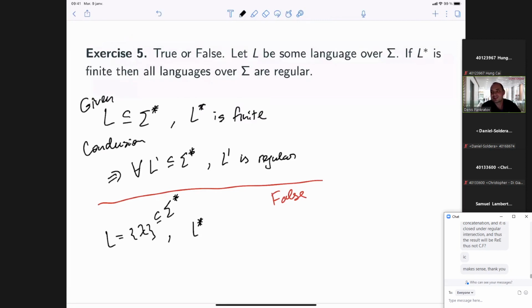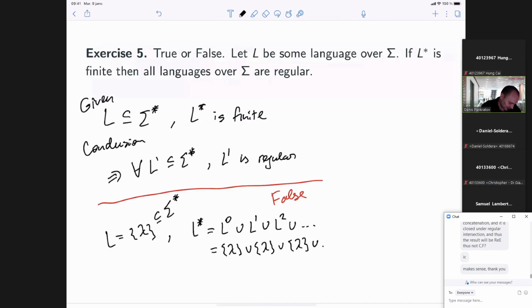Over any alphabet, this is a valid language, essentially. So L star, in this case and in general, is defined as L to the power 0, union L to the power 1, union L squared, and so on. But each of these powers is just the language lambda. So what you end up having is lambda, union, lambda, union, lambda, and so forth. So it's just an infinite union of lambdas, but we don't care about repetitions. So what you get is lambda. And this is finite.